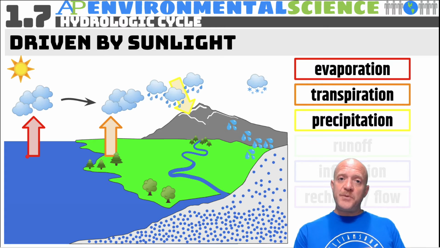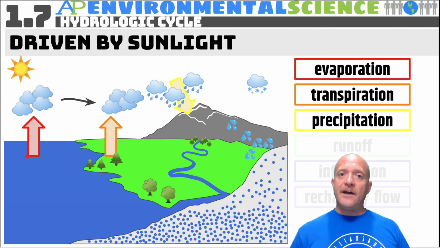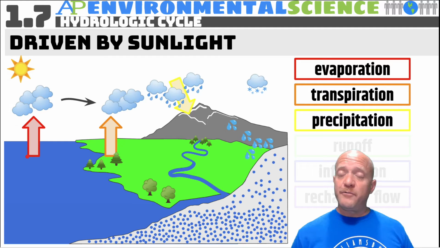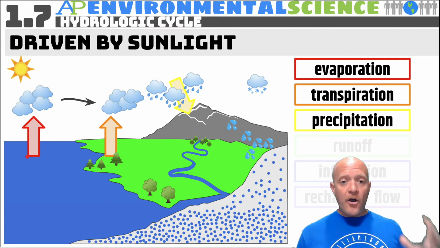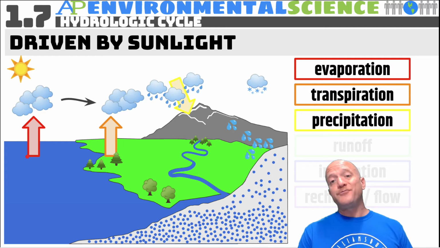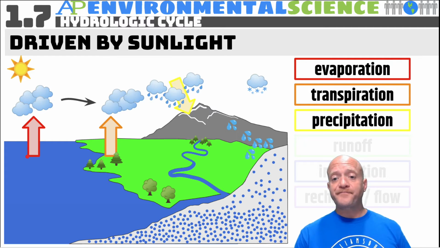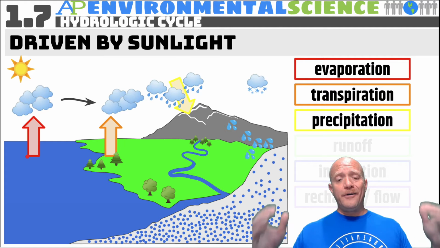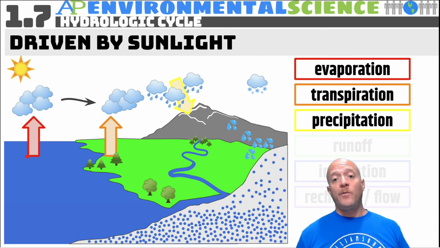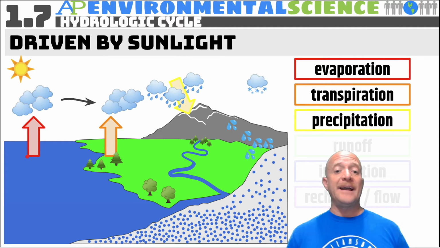When they become too heavy, it falls back down as precipitation, and it can be in the form of rain, snow, sleet, hail. All of these are examples of precipitation. It's not just rain, understand that. Okay, so again, going from water vapor into liquid water is precipitation falling back to the earth.